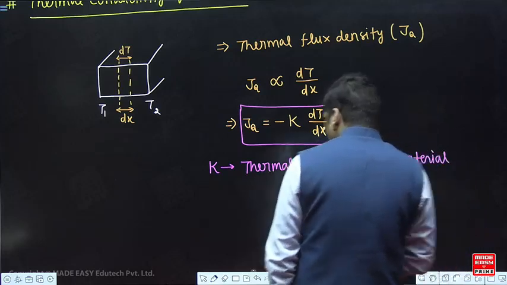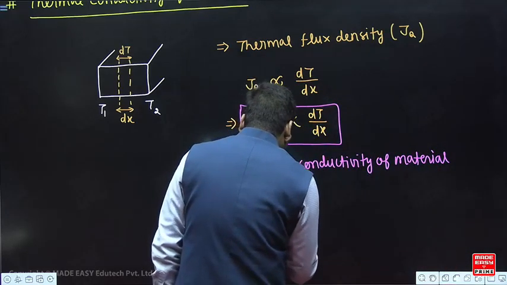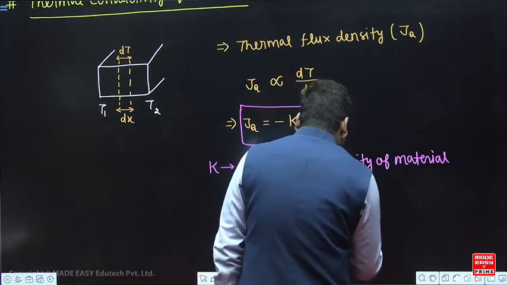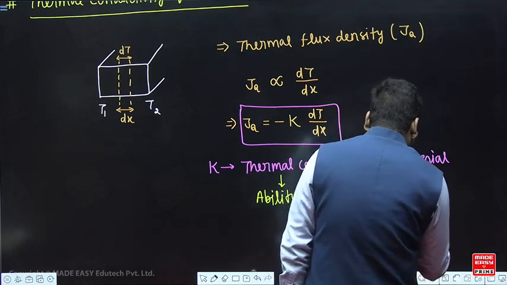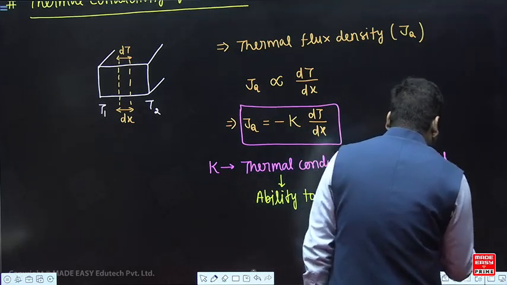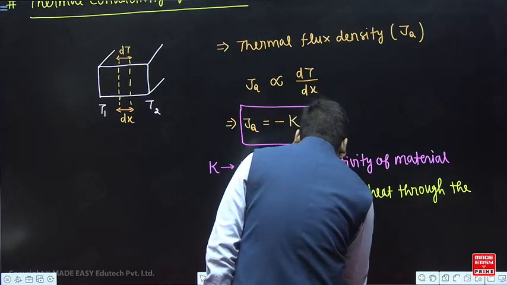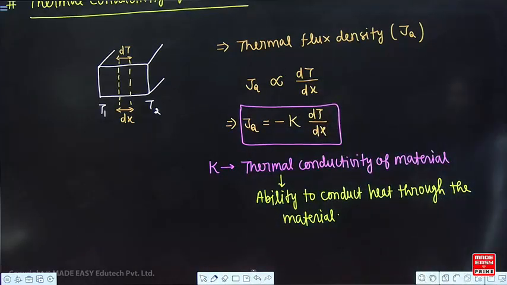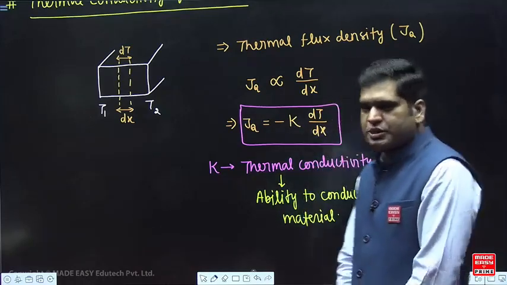Thermal conductivity is the ability to conduct heat through the material. So the higher the value of thermal conductivity, the more heat will flow through the material.